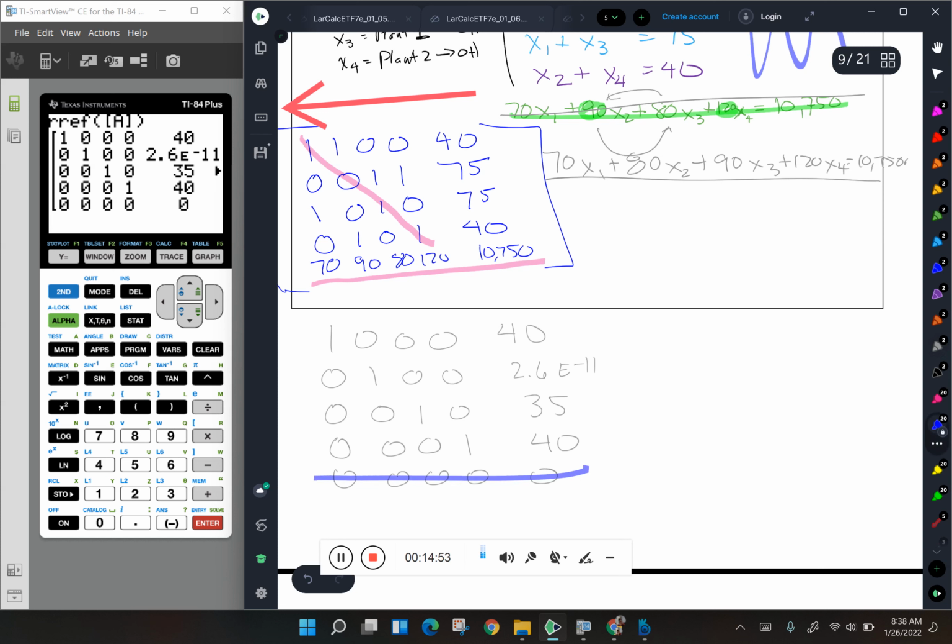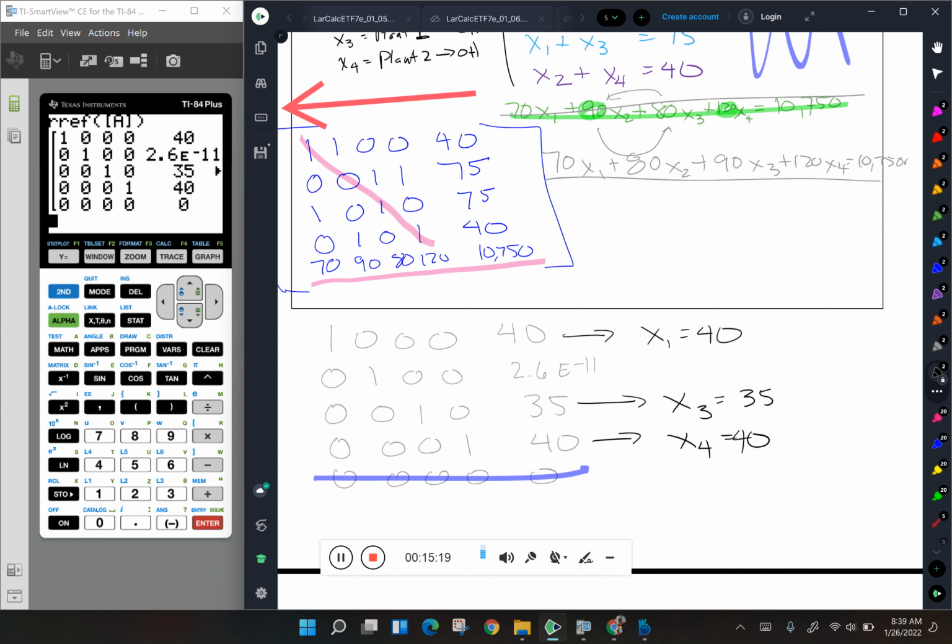Right? These zeros down here, well, I don't know what that's going to mean, so I'm going to see if I can figure this out. This first row says that x1 is equal to 40. The third row says x3 is equal to 35. The fourth row says x4 is equal to 40.